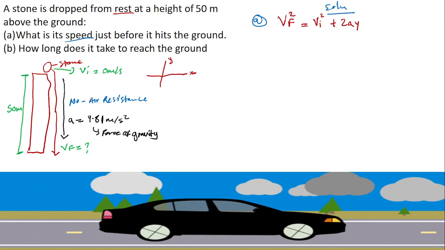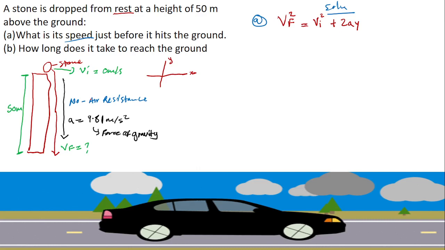So V final squared is equal to the initial, which we know is 0, plus 2 times 9.81 times the distance which we have been given, which is 50 meters. So V squared final is equal to, you can simply multiply that.